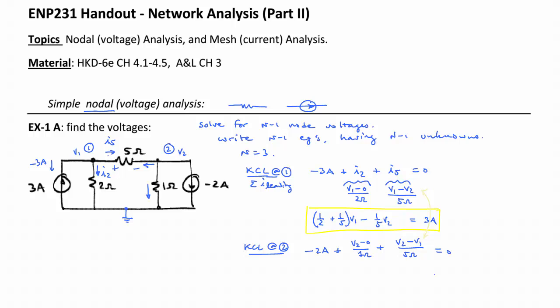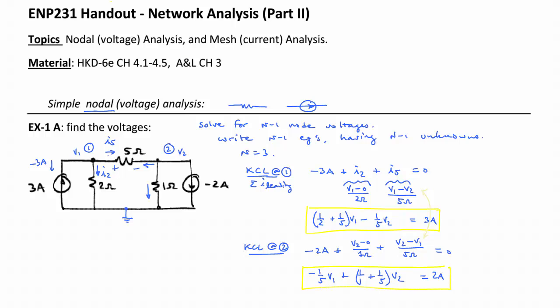We can again collect the terms. So here we'll have minus 1/5 V1, and then we have 1/1 plus 1/5 times V2, and that is our second equation.